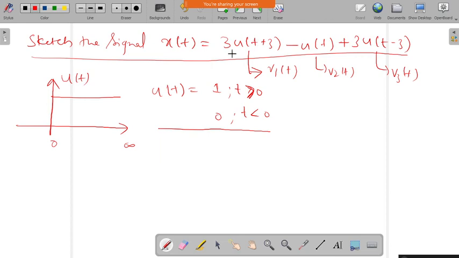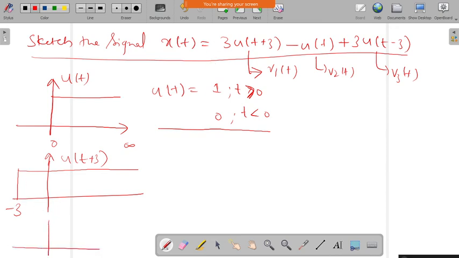Now we need to perform the operations on this one. First, try to find out what u of t plus 3 is. u of t plus 3 means it is shifted to the negative side by the amount 3. So this is u of t plus 3, and here there is scaling on the dependent variable. So it is not time scaling, it is amplitude scaling.